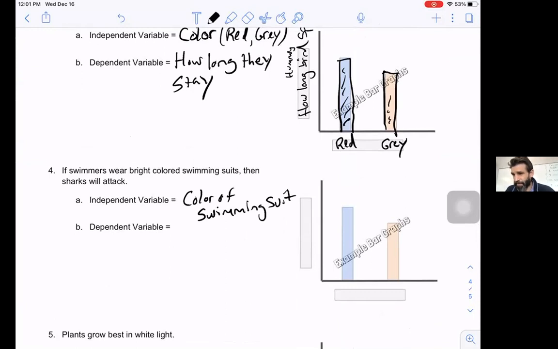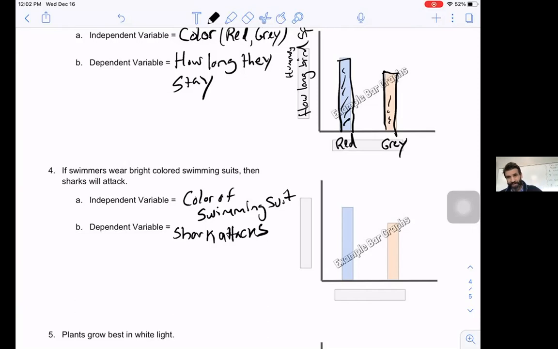And the dependent variable, the thing that you would measure, is shark attacks. So maybe if you were conducting this study, it's probably not ethical to put people either in brightly colored swimming suits or not, and then have them jump into shark-infested waters. I don't think that's a very ethical experiment.